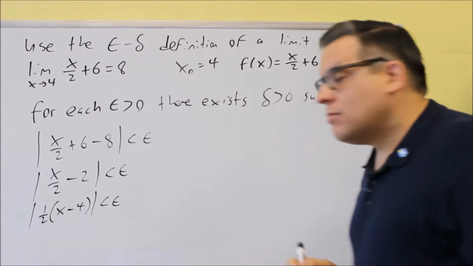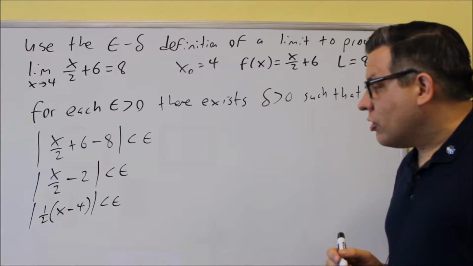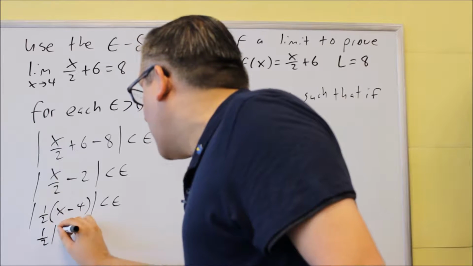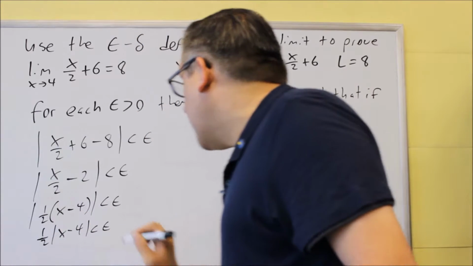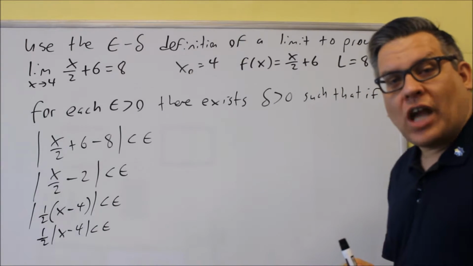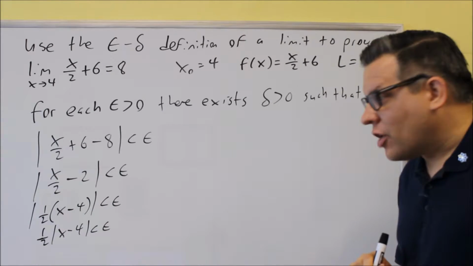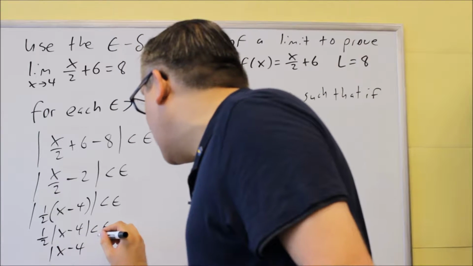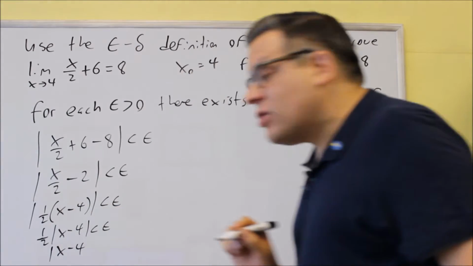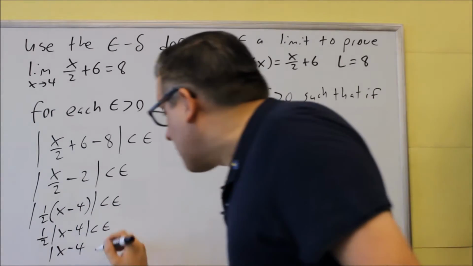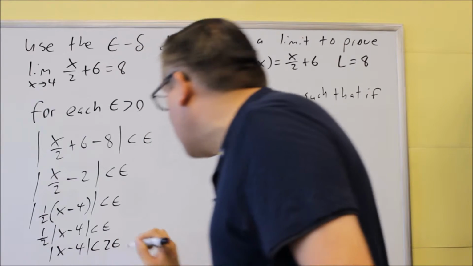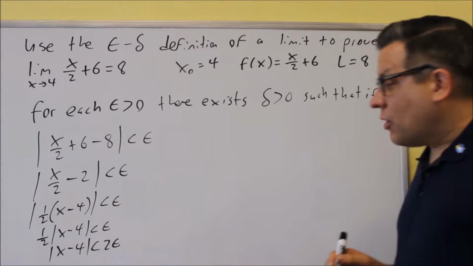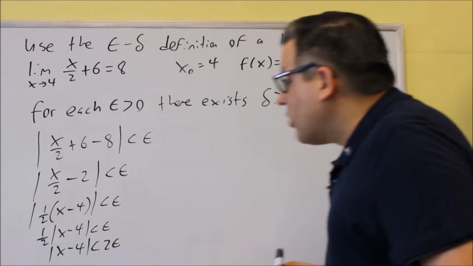You can take the 1/2 on the outside of the absolute value, and now we see we have the absolute value of x minus 4, which is what you're trying to do. Then multiply both sides by 2, because we want to clear out the 1/2 and get the absolute value by itself. So you end up with the absolute value of x minus 4 is less than 2 epsilon.